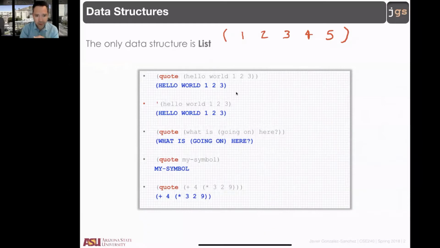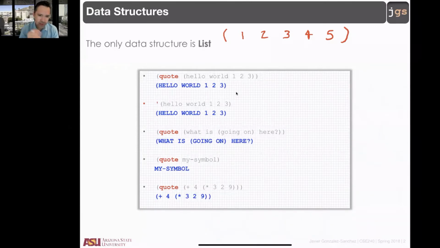Want an array of strings? Replace the numbers with the strings. You want an array of complex numbers, an array of whatever? You just put the data inside of parentheses. That's it. Now, we have a small problem.